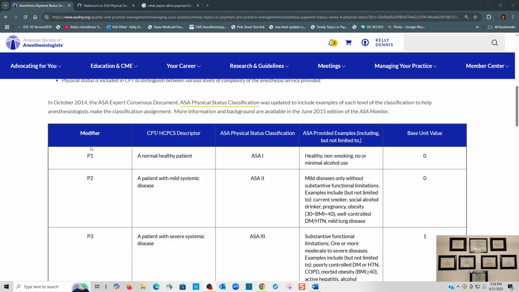So here you will see it as a modifier, meaning that it modifies the description of the anesthesia service, but this is going to be one of your secondary modifiers typically that falls after your medical direction or your identifier for most of them on who's providing the services, like an AA for a personally performing physician or a QK, QX care team, etc.